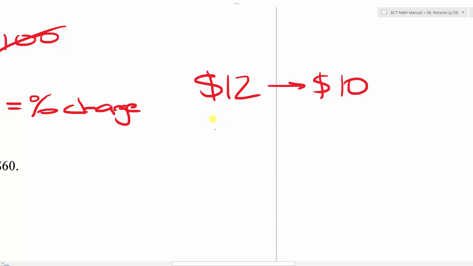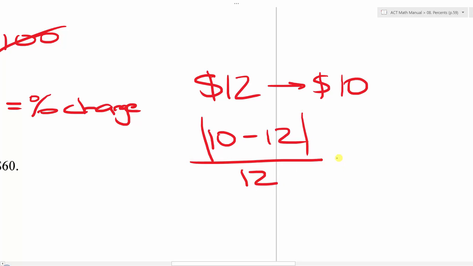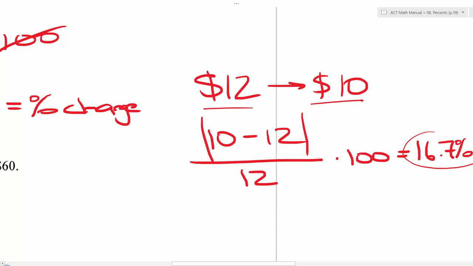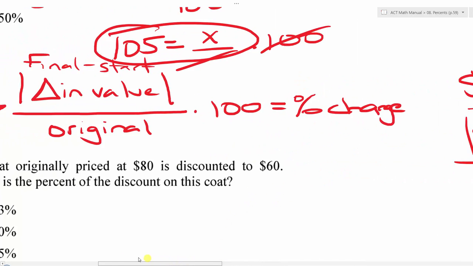Well, again, we do final minus initial, that's the change in value, but we put that in absolute value, over the initial, and we multiply that by 100. So this is going to be 2 over 12 times 100. This is going to be 16.7%. So when we go from $12 to $10, we have experienced a 16.7% decrease. Not bad for a day-old pie.